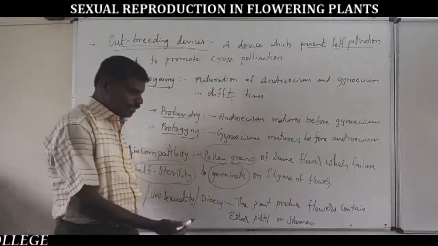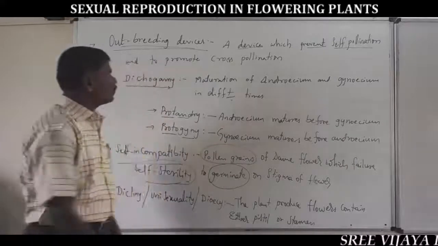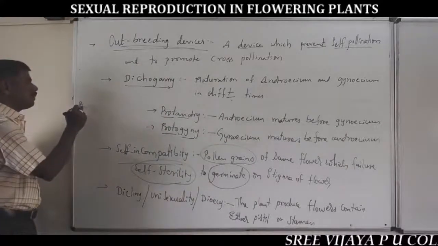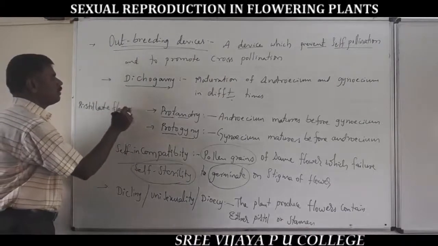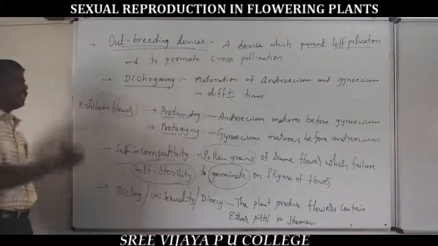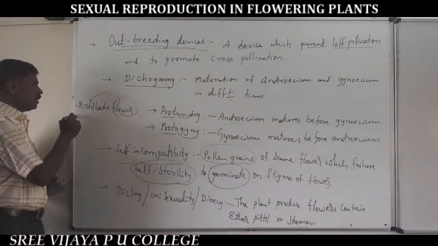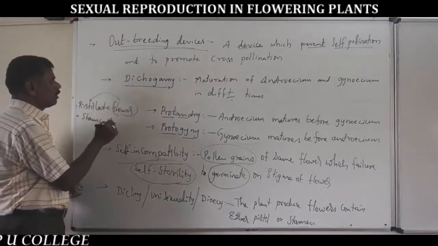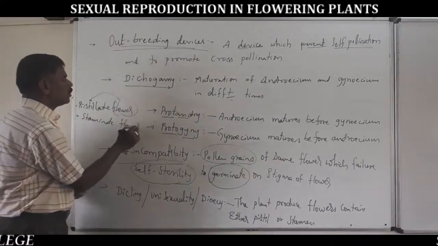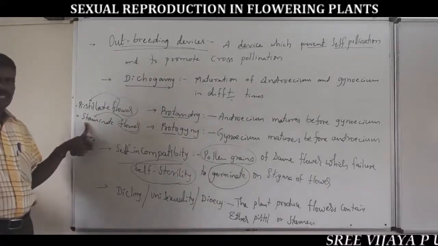If the flower bears only a pistil, it is called a pistillate flower, otherwise a staminate flower, which contains only the male reproductive part, the stamen.